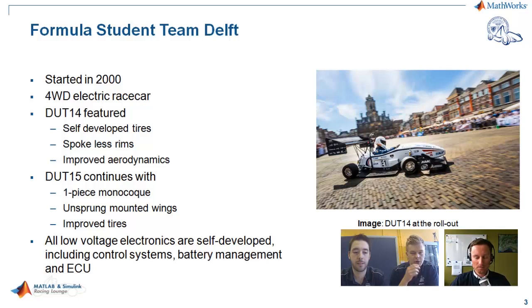Yeah, we're currently sending it to the painter to get its paint job, and then all the assemblies onto it will start. Okay, cool. And then finally, we've decided to mount our front wing and rear wing on the unsprung masses, so on the inner wheels. This has also proven quite challenging, but still we think it's worth it.